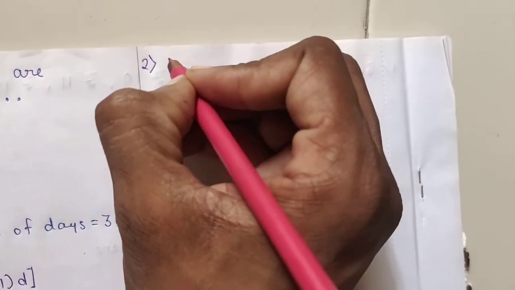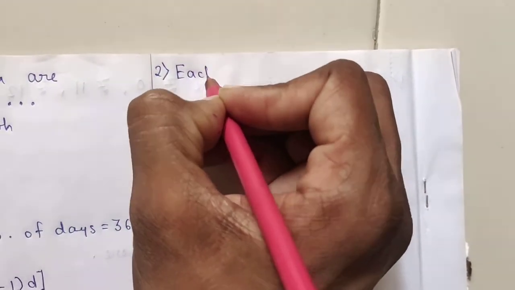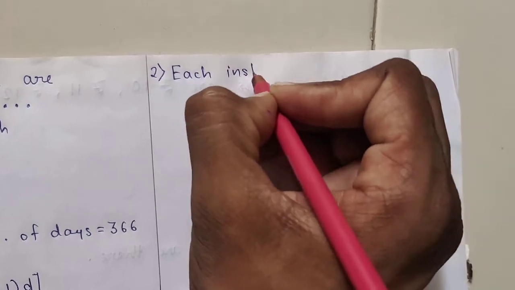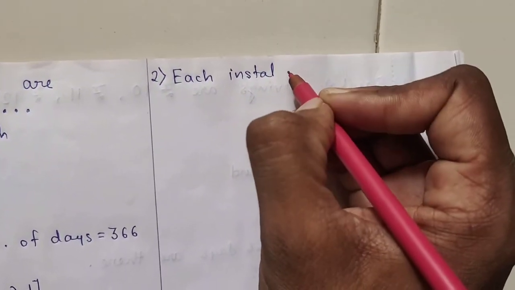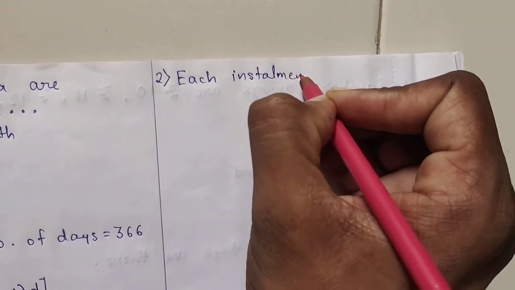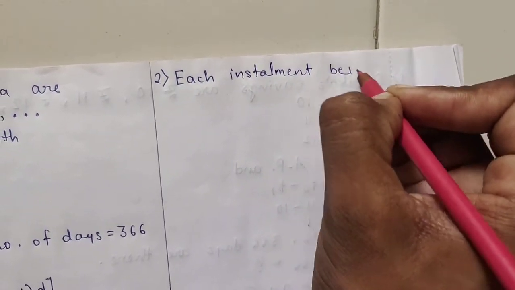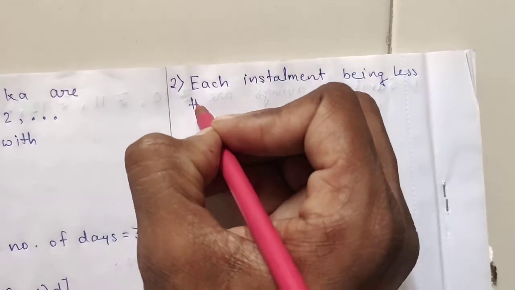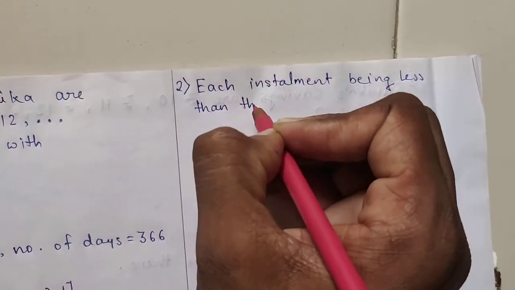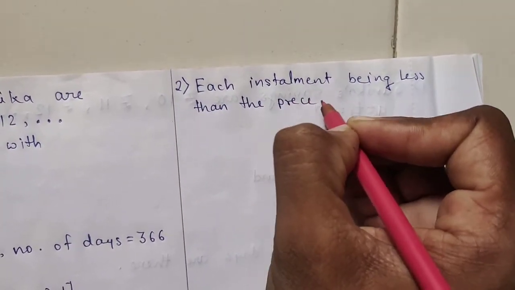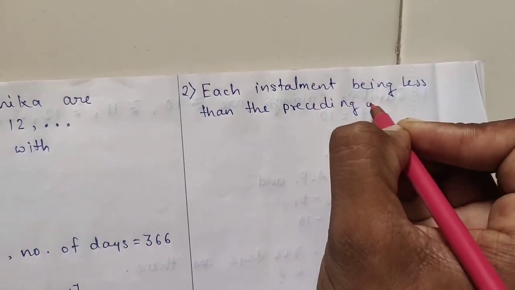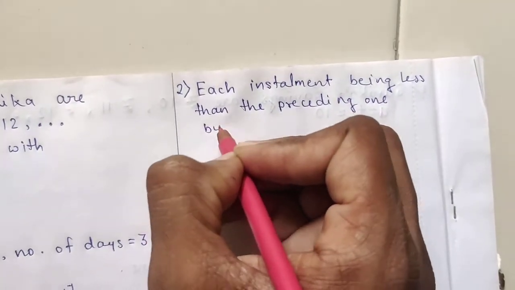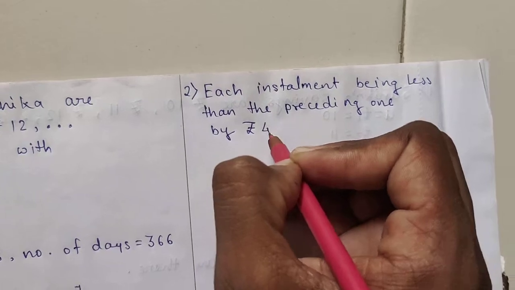Second one. So what is given to us? Each installment, second line I am writing, each installment being less than the preceding one by rupees 40.